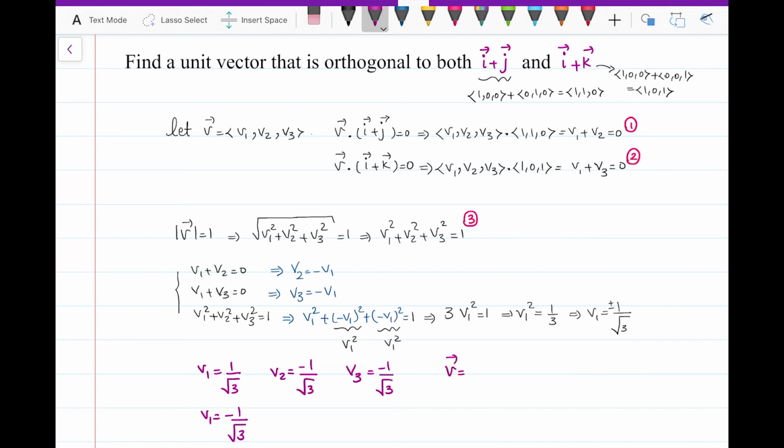So together, my vector v would be 1 over root 3, negative 1 over root 3, and negative 1 over root 3. With the same reasoning, since v1 is negative 1 over root 3, v2 is the negative of that. So v2 would be positive 1 over root 3, and I have this v.